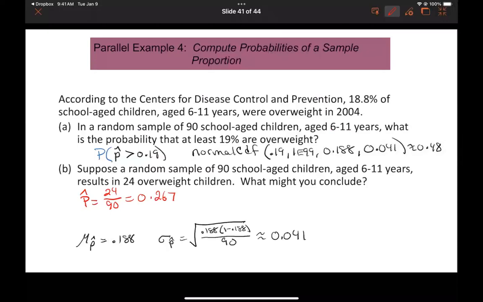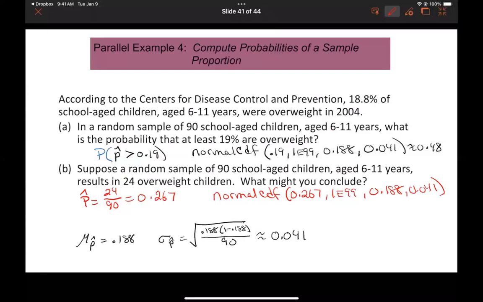I would do my normal CDF. So I get 0.267, 1E99, 0.188, then 0.041. This is my favorite way, my preferred way to do it, but I'm going to talk about the other ways in just a second, because some people have different preferences than I do.